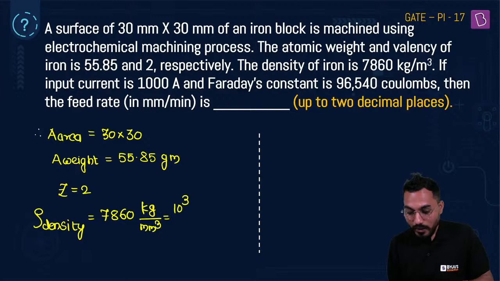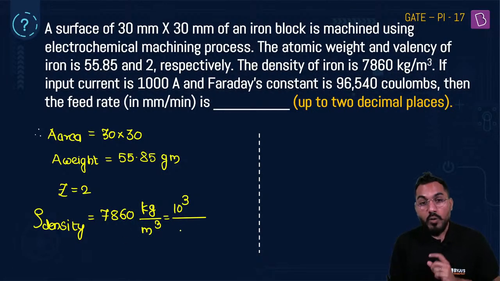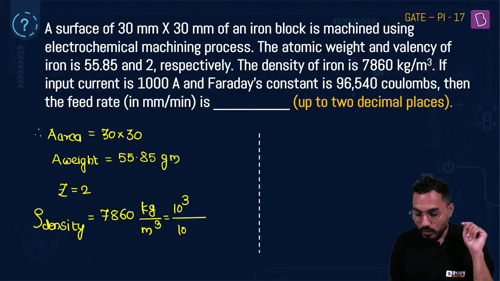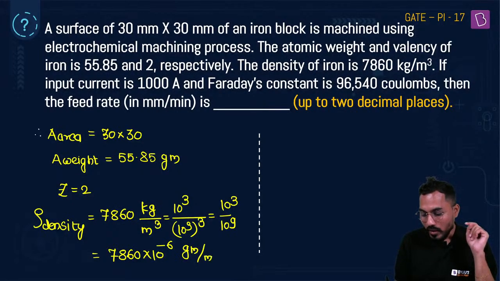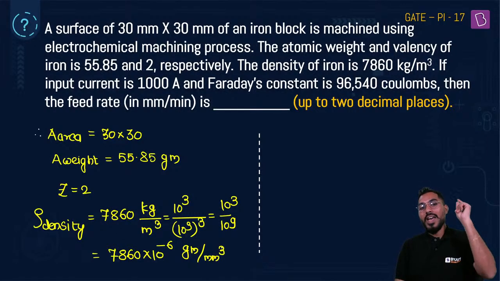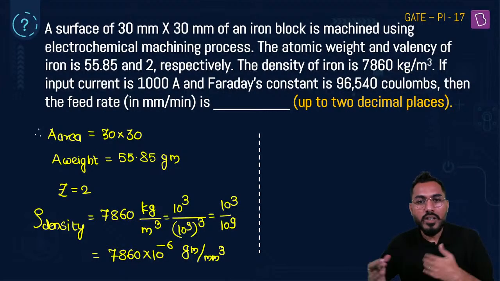Divided by mm cube to meter cube. 1000 mm is equal to 1 meter, so 10 to the power of 3 cubed, that is 10 to the power of 9. So it will be 10 to the power of 3 divided by 10 to the power of 9, and density becomes 7860 into 10 to the power of minus 6 gram per mm cube. The students who understand that, bang on all India rank 1. That's it. Now the rest is just a cakewalk.